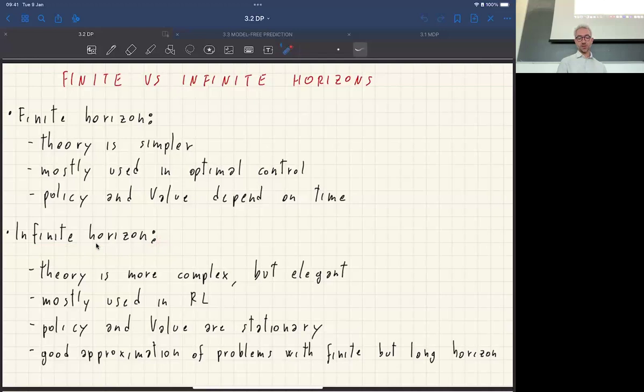So in the infinite horizon setting, instead, the horizon is always the same, and so time doesn't matter anymore. So the optimal policy, the optimal value function, they are both time independent. And that's why we're not going to factor in time when developing the algorithm.